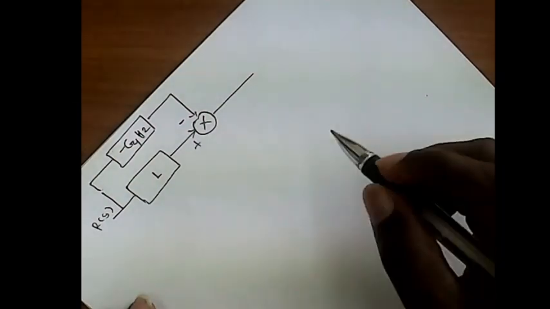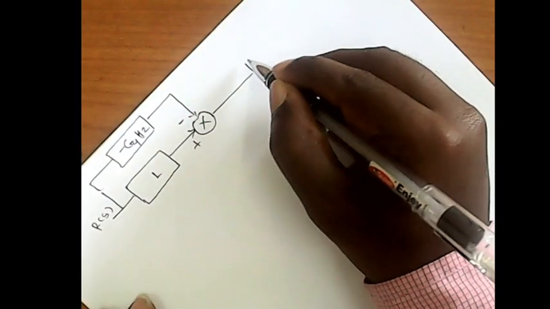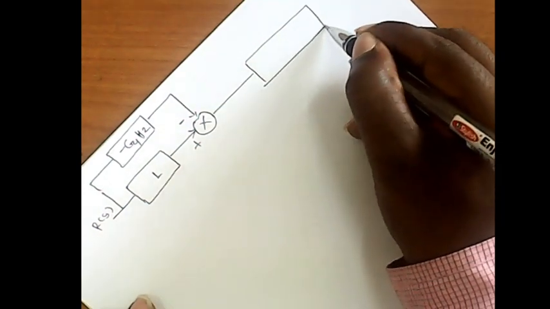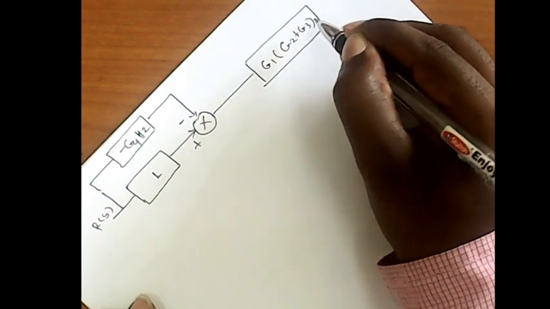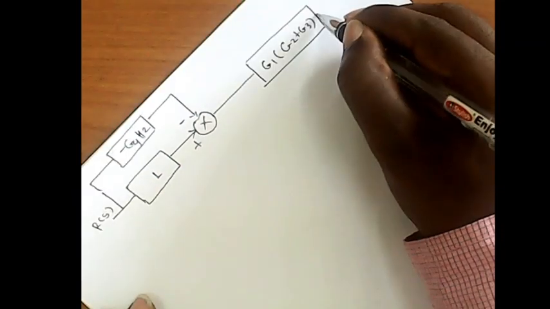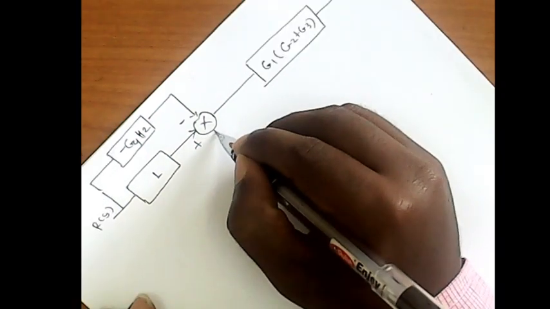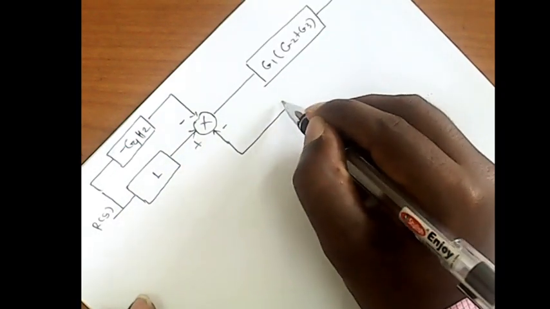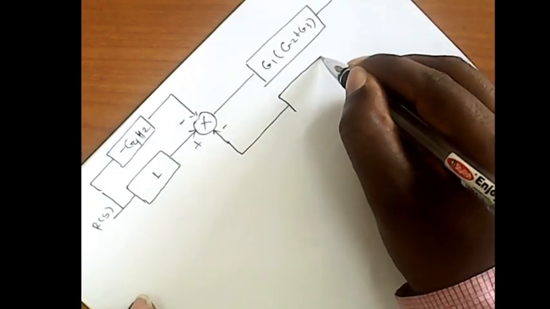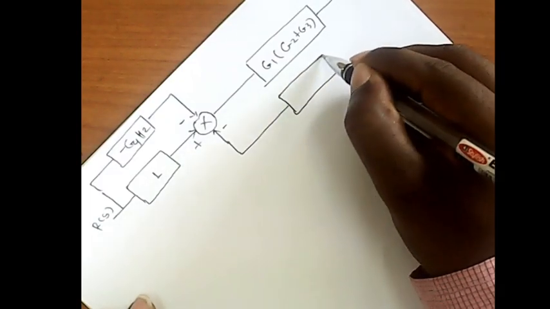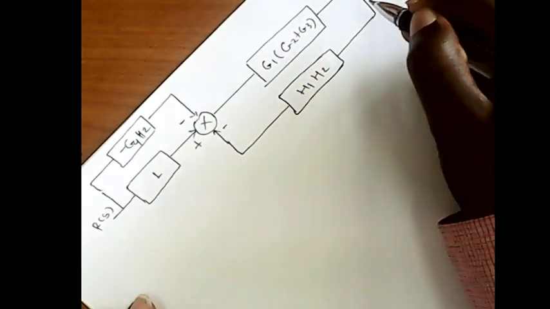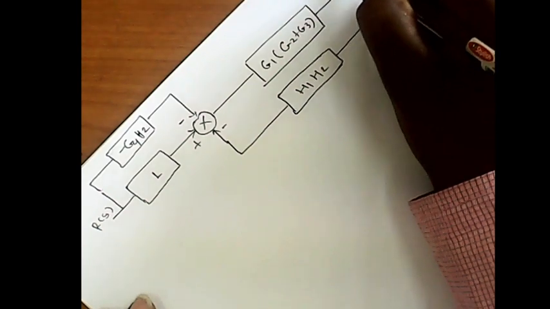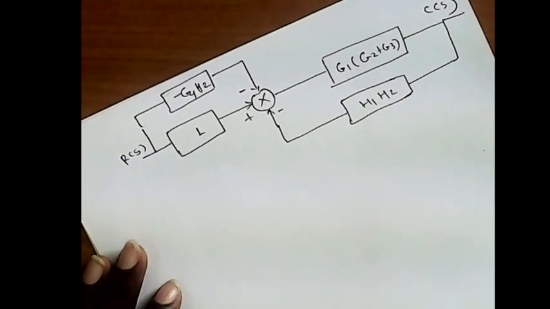So we get G1 (G2 into G3) complete, feedback path with negative sign, that is H1 and H2, and here C(s). So we can simplify here.